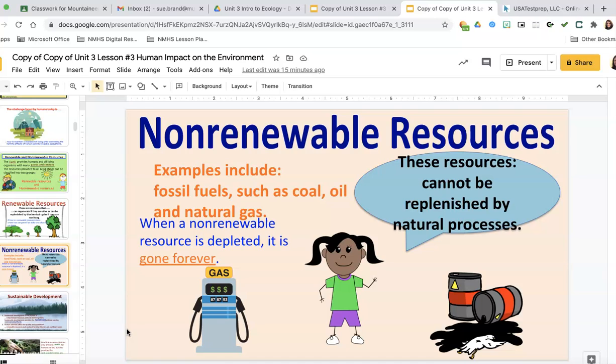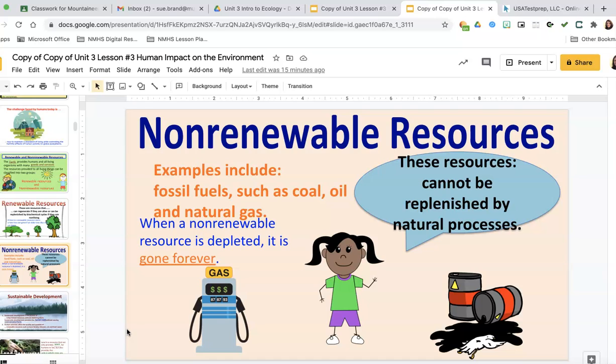So when we talk about non-renewable resources, what we're saying is within a human lifespan, you cannot replace coal or oil or gas. Okay, the process that's happening in the earth is still occurring, but it takes a very long time to create oil.